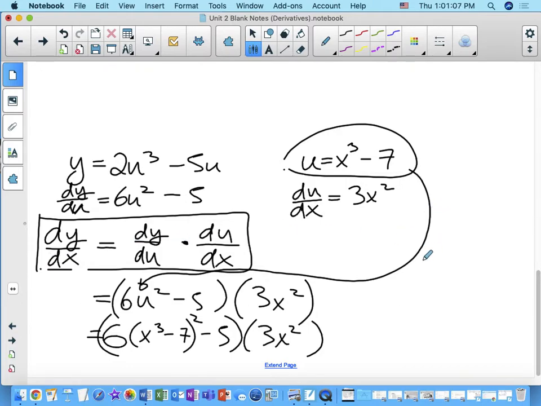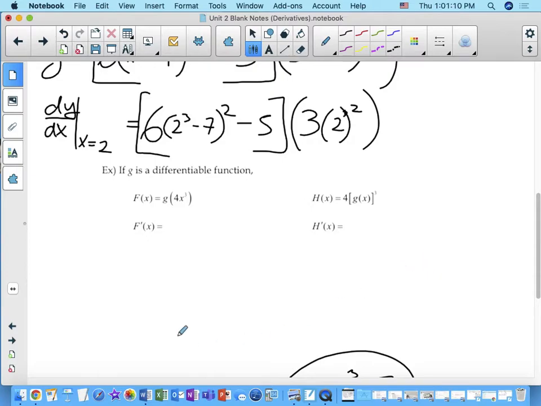Now I've got to backtrack a little bit because we missed something. If g is a differentiable function, and f of x equals g of 4x cubed, what would f prime of x be? f prime of x in this case is going to be the derivative of the outer function, so g prime of, instead of x, the inner function, times the derivative of the inner function.